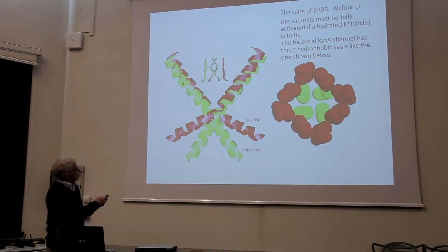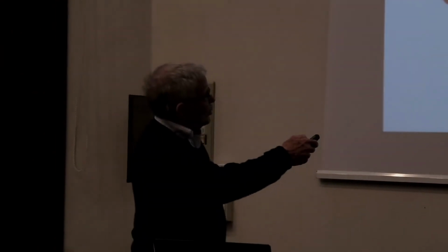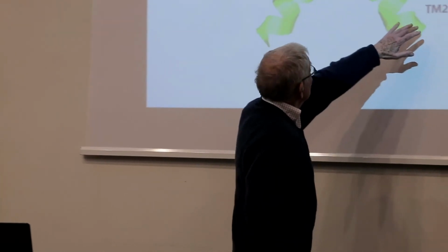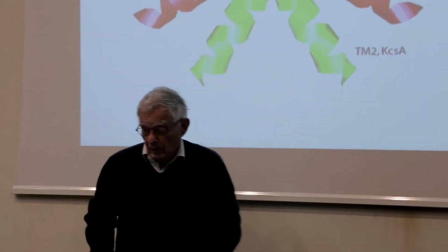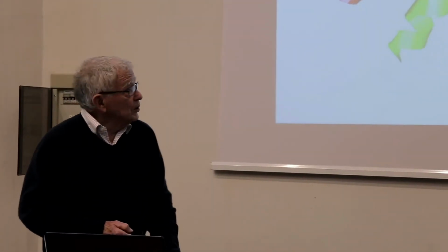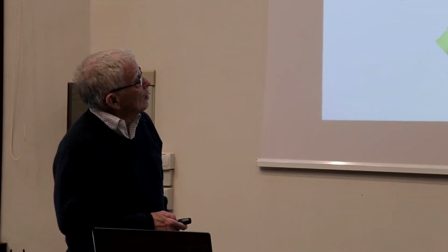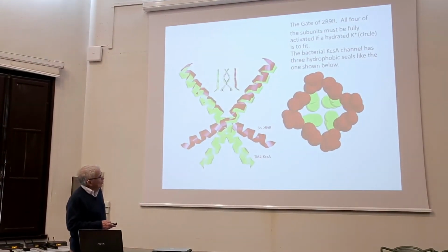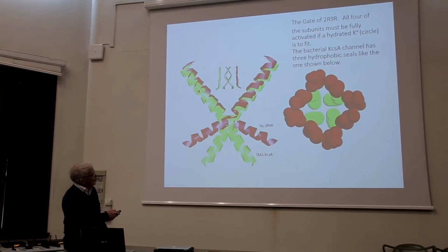So here's, again, the closed and open channel. This is from the bacterial channel, which is always closed. This is from the voltage activated channel, which is always open, because only the open conformation has been provided so far.